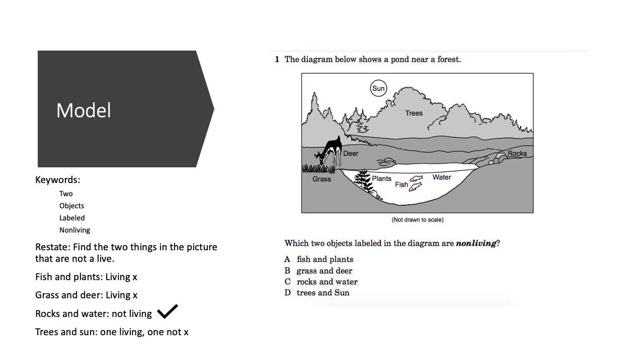Grass and deer, both living, cross that one out. Rocks and water, both of them are not living, that is a possibility. And trees and sun, trees are living, sun is non-living, so I can get rid of that one. Therefore, rocks and water is my only option that has 2 objects that are labeled non-living.